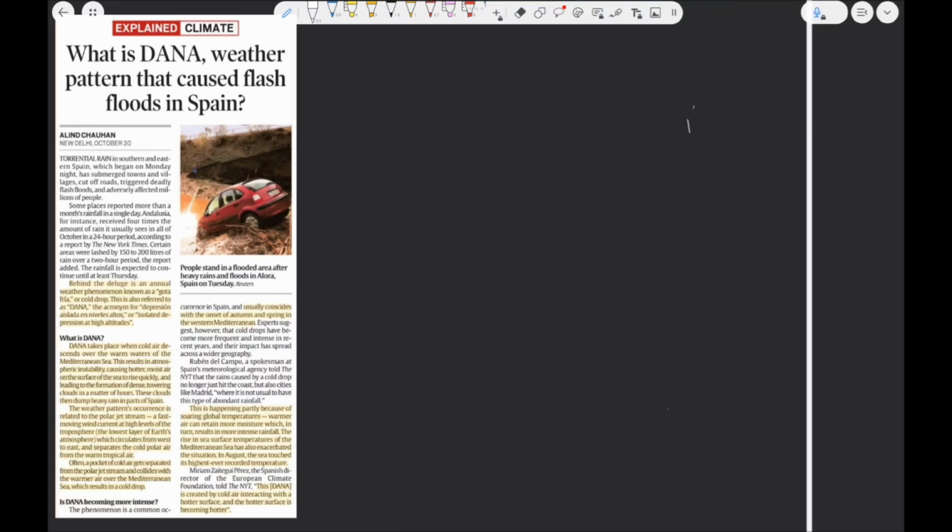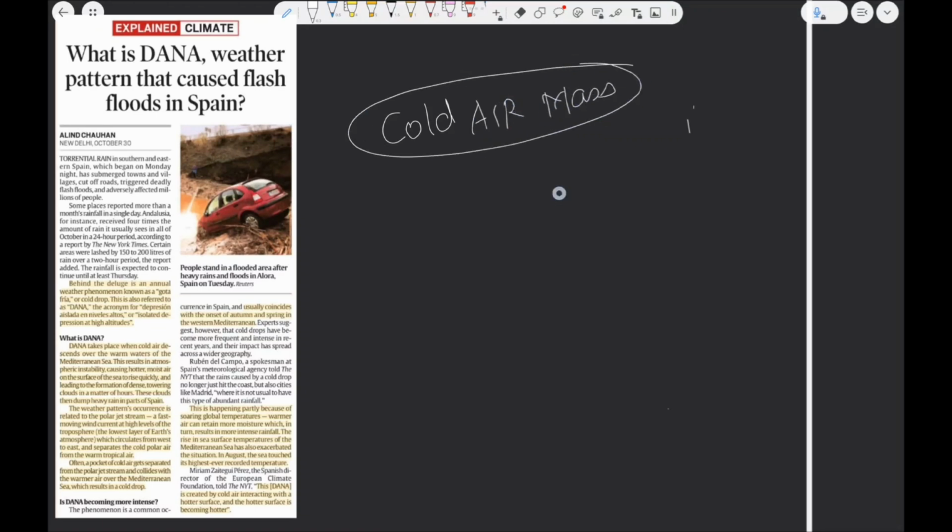So what happened here is, there are two kinds of air mass, just as we learned about it. One is the cold air mass and another is the warm air mass.